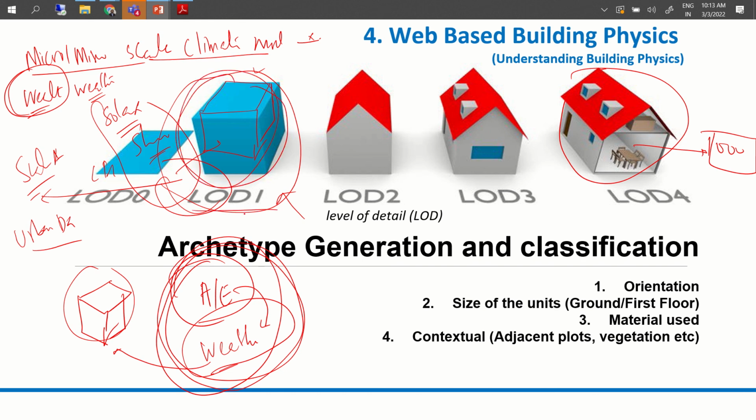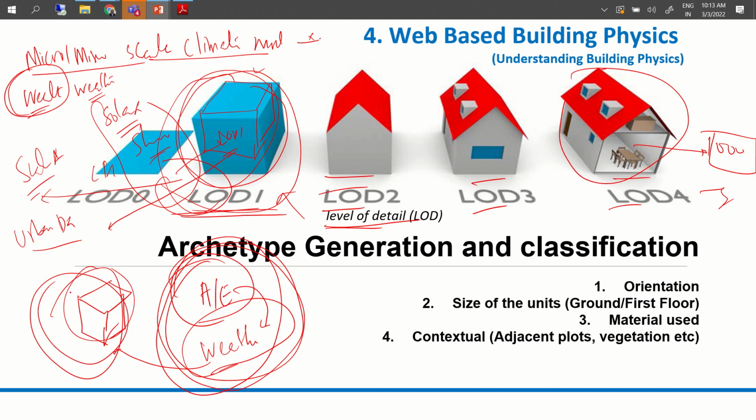In technical terms, in the research domain, we call this level of detail. This is level of detail 1, which can be used as a model, or it can be a slightly improved version, LOD2, LOD3, LOD4, LOD5 is also there, 6 is also there, but it's fine. So what I mean to say is, we can do abstraction of the buildings as well.